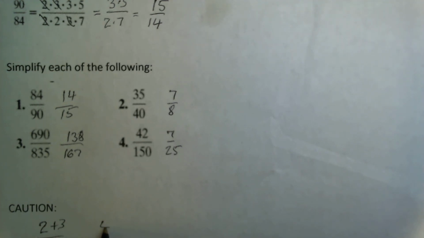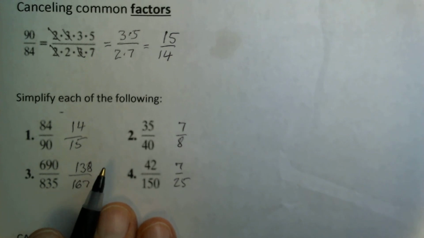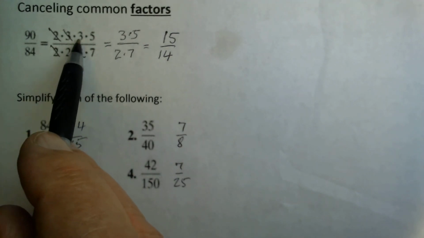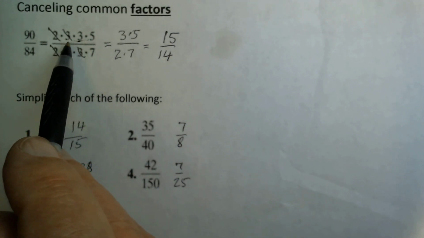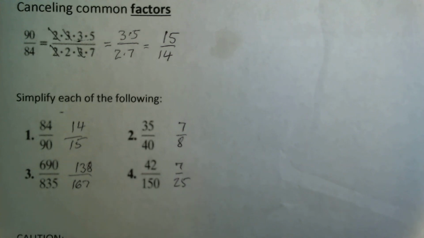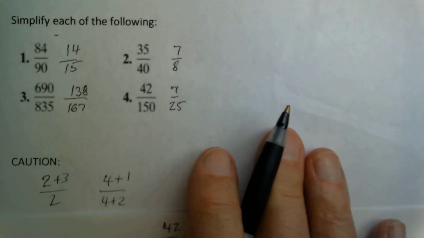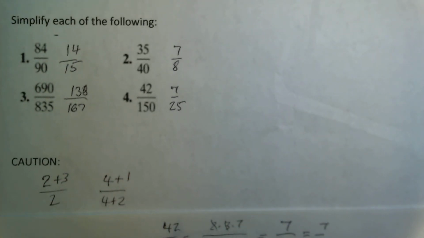Or 4 plus 1 divided by, let's say, 4 plus 2, you can never cancel the 4 against the 4, because they are terms of a sum and not, as we mentioned earlier, factors of a product. So you can cancel factors, never ever cancel terms of a sum. Never. Don't do that. That's absolutely wrong. There's no way to get it right. So don't even think about it.